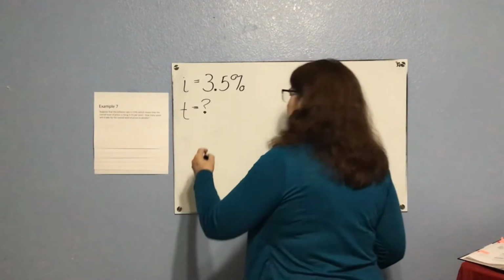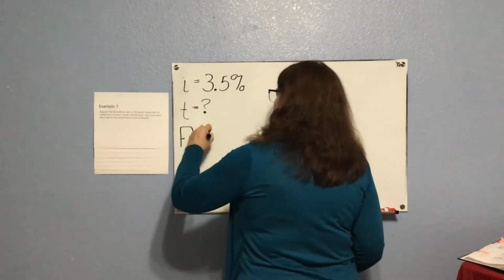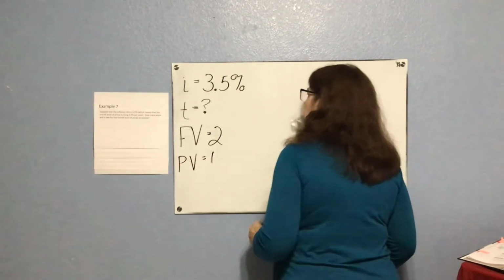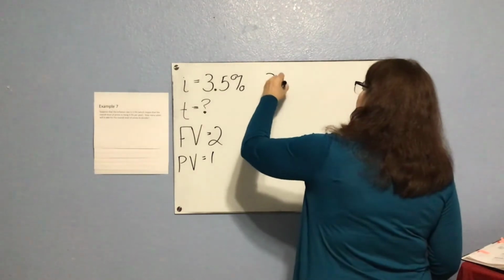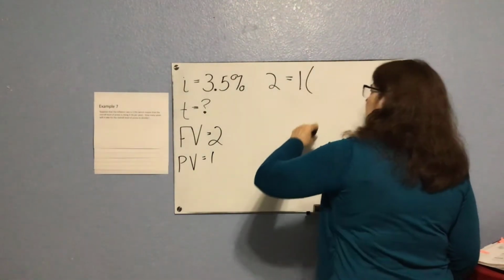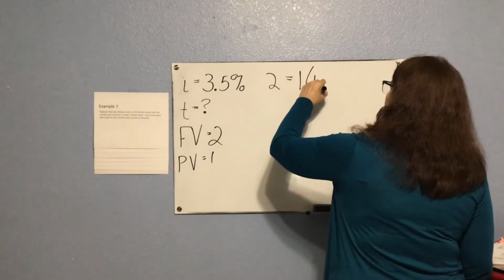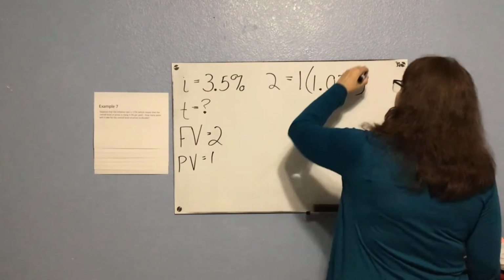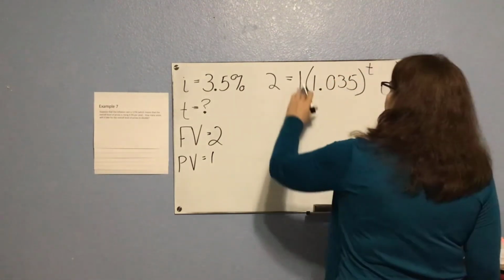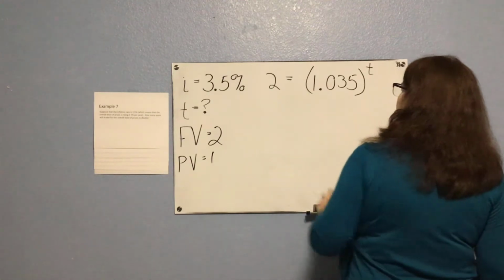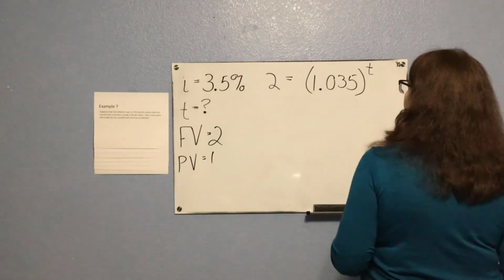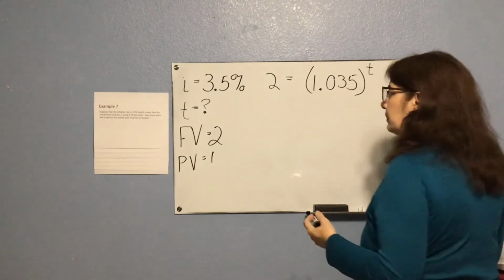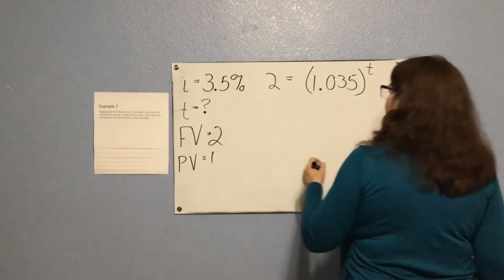So I can use for my future value 2 and my present value 1. So now I've got 2 is equal to 1 times 1.035 to the t power. So I don't really need that 1 there, I'll just erase that out. And now to solve this equation, I'm going to go back to something I learned in chapter 4, and that's to take the natural log of both sides.